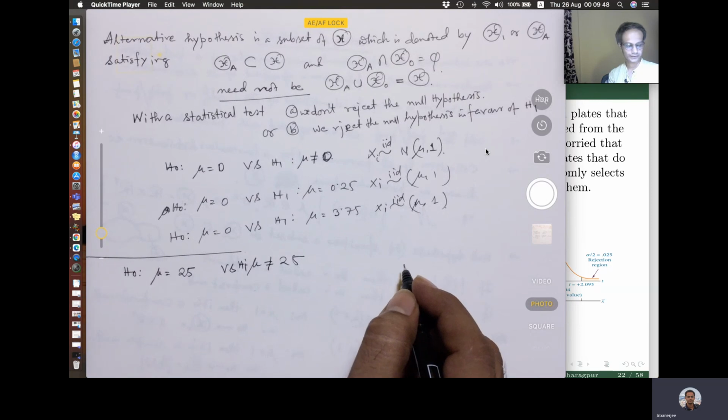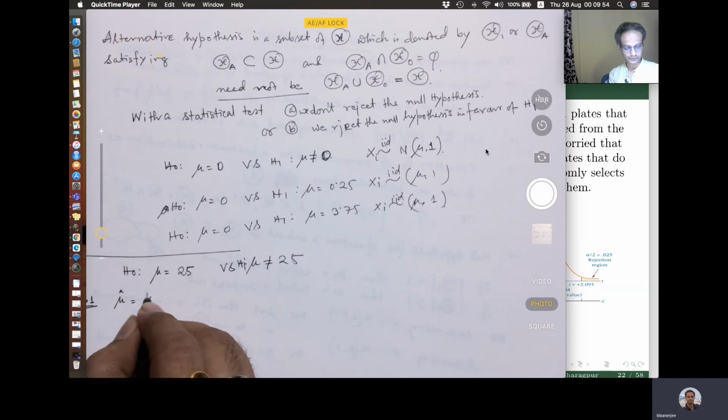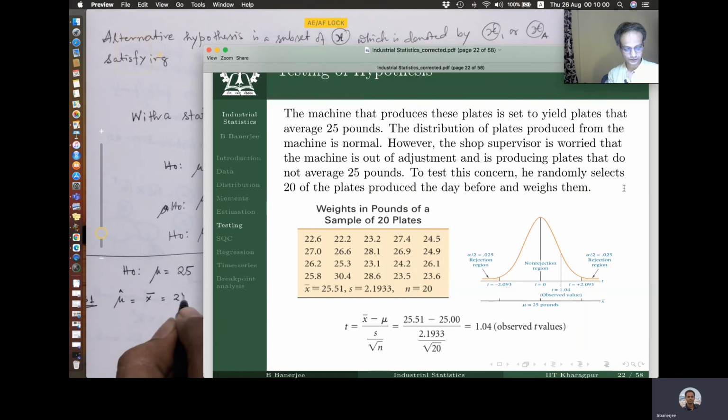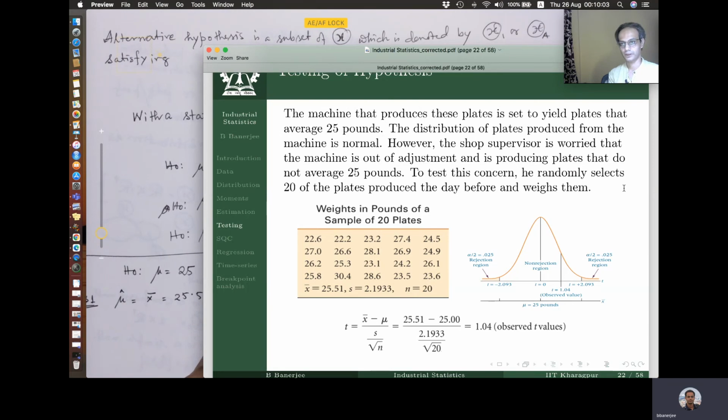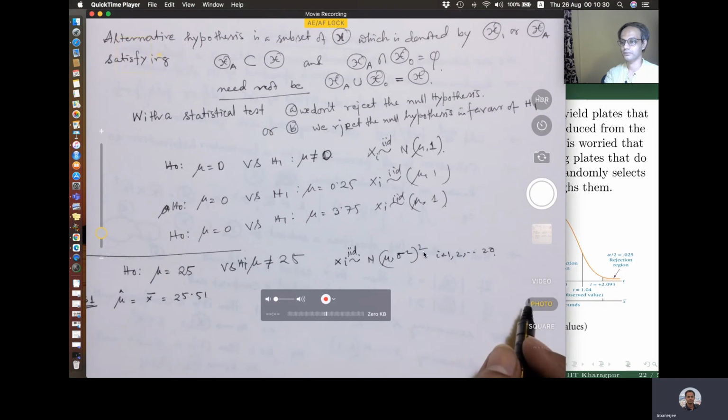Step 1, you calculate mu hat by x bar, which you have obtained as 25.51. Your assumption is that the xi follow normal mu, sigma square, are IID, i running from 1 to 20.